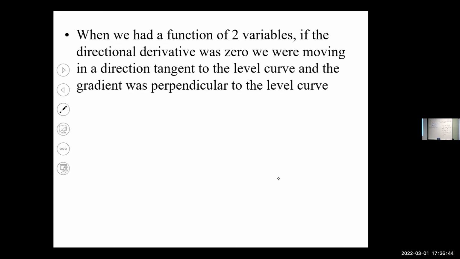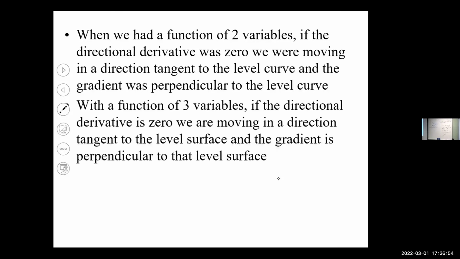And the gradient is perpendicular to that because that'd be your way to go up to the next level or down to the next level as quickly as possible. With a function of 3 variables, it is analogous, but remember we no longer have level curves, we have level surfaces. All right. So in 3D, the gradient gives us a vector that is normal to a level surface. So that's a difference that we're going to take advantage of.